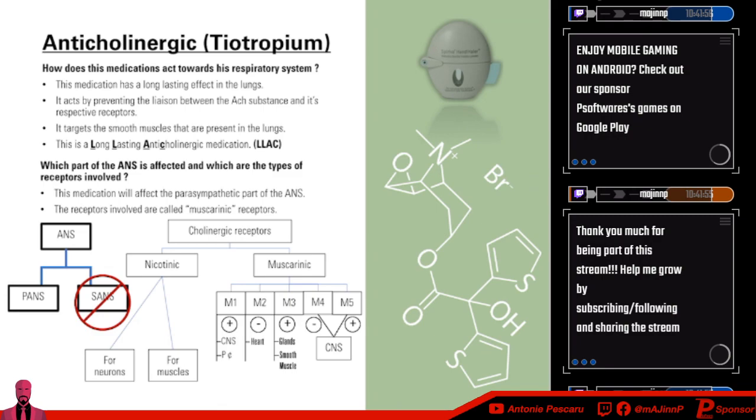Now, you have a graph right below, and we're going to get to that shortly. But first, I just want to explain that this medication will affect, first of all, the parasympathetic part of the ANS. If we look at the first graph, we have the ANS above, which has control over the sympathetic autonomic nervous system, the SANS. That doesn't interest us because it doesn't affect it.